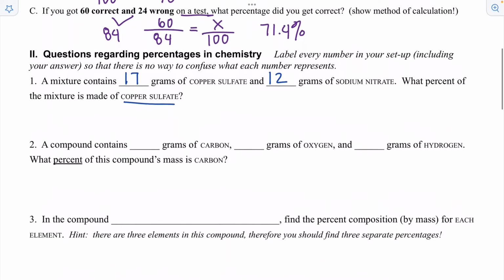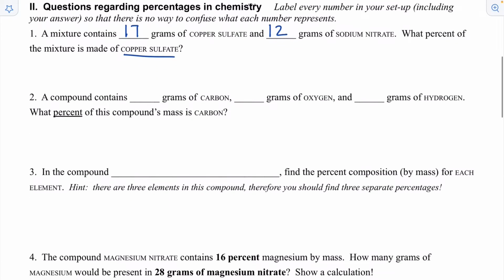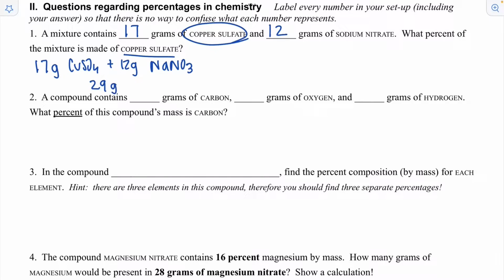Just as our question above, in order to find the percentage of copper sulfate in the mixture, we need the total mass of the mixture. In order to get the total mass, I first must add them together. So 17 grams of copper sulfate plus 12 grams of sodium nitrate gets me 29 grams total.